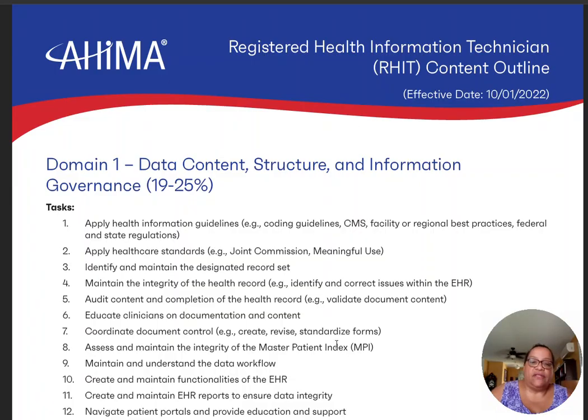The first domain is called data content, structure, and information governance. The range here is 19 to 25%. What does that mean? That means on any given version of the exam, because there's multiple versions being given out, if student A takes version A of the exam, that particular exam may have 19% of those 150 questions focused on this area.